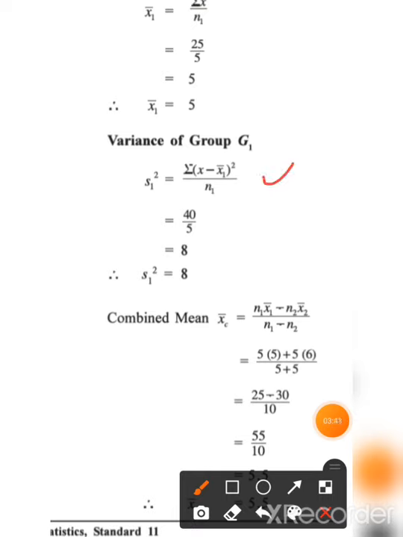So over here the formula for your variance is sigma into bracket xi minus x bar whole square upon n1, right? Above we found out in the table it is 40 divided by the total number of observations, which were 5, so your variance has come up to 8. So this is how you found the variance of the first group, right?